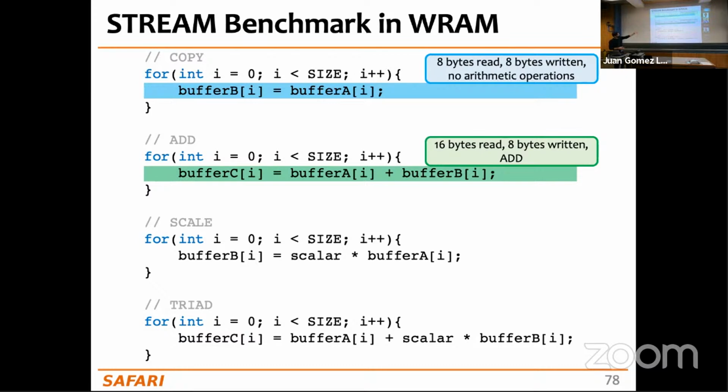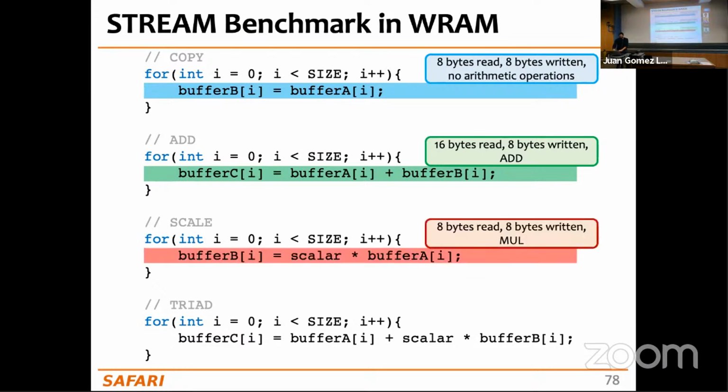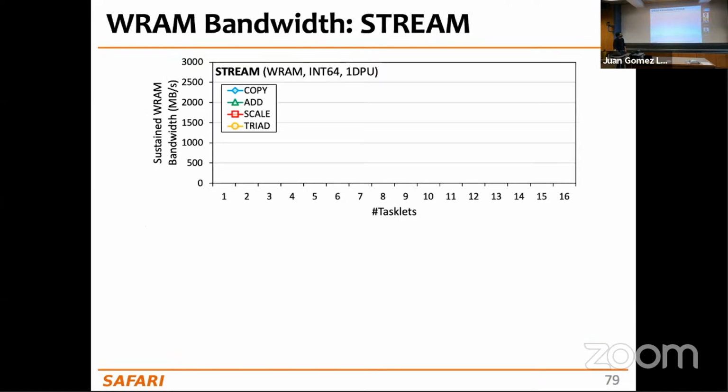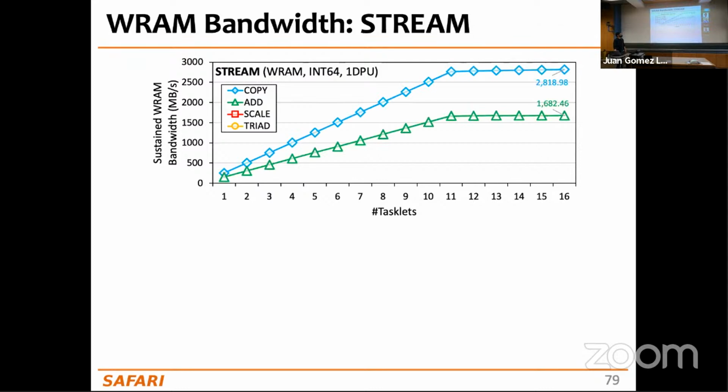In the second case, it's an addition, and then we write to an output array, buffer C. This one is a multiplication, and this one is a multiplication and addition. So we measure the bandwidth of WRAM using these operations. This is for copy, this is for add, this is for scale and triad. The more arithmetic operations we perform, the lower the bandwidth, as you can expect.